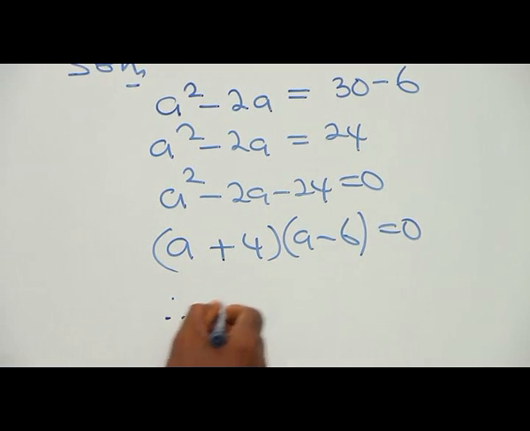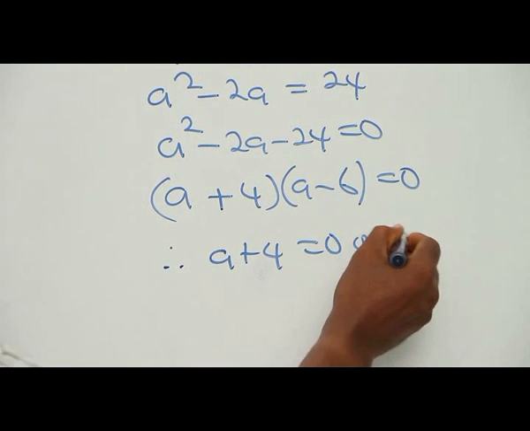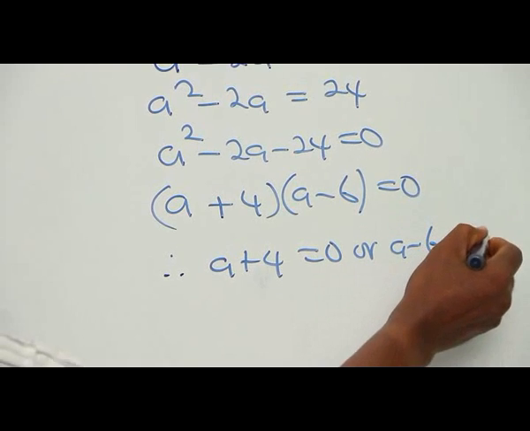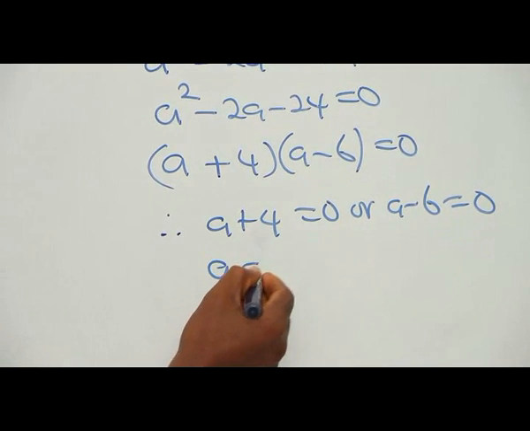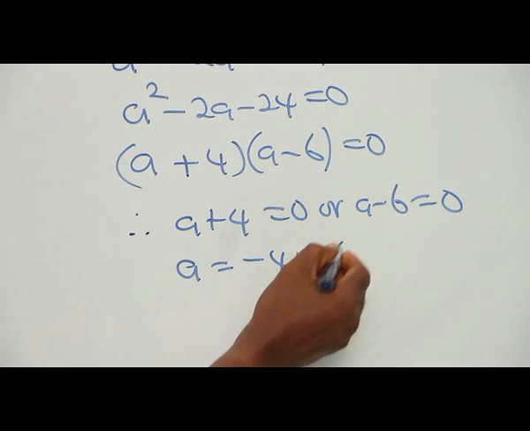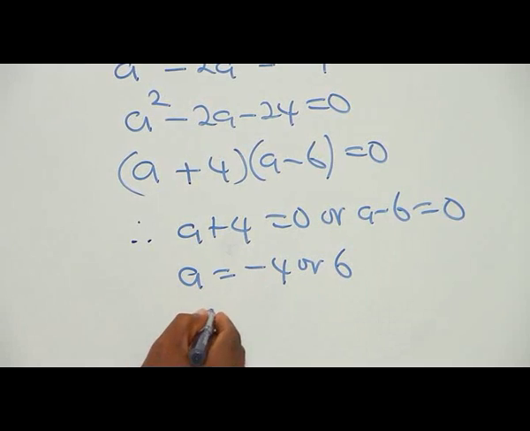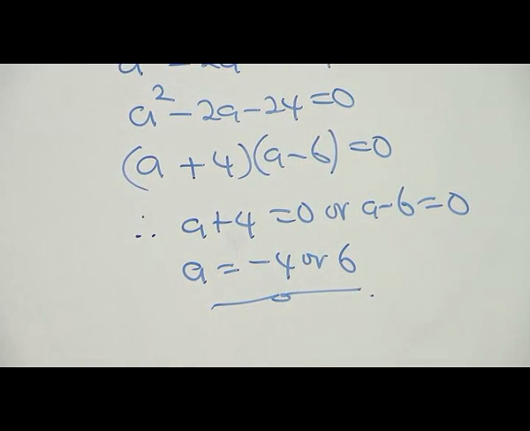So, therefore, A plus 4 is equal to 0, or A minus 6 is equal to 0. As a result of this, A will be equal to minus 4, or it is equal to 6. And this is the solution that you are required to find.